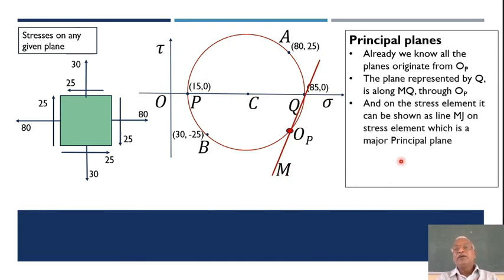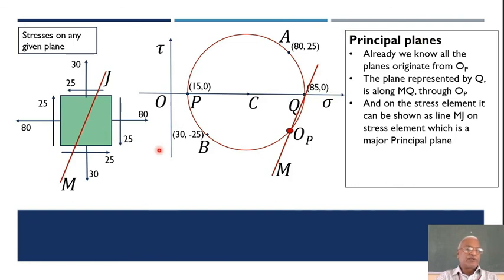And on the stress element, it can be shown as line MJ, which is the major principal plane. Now you have to draw the line parallel to that. If you put that as MJ, that is nothing but a plane without any shear stress, with a major principal stress of magnitude 85, and it is a positive value.